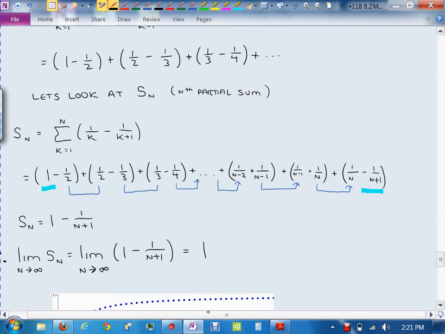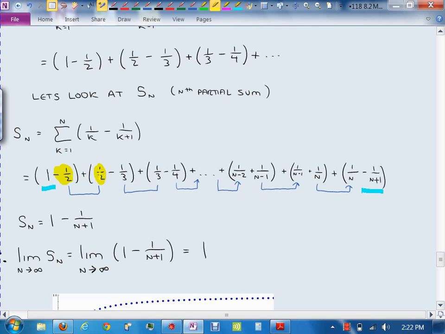You see everything canceling? Negative 1/2, positive 1/2. Negative 1/3, positive 1/3. Negative 1/4, positive 1/4. Basically, the second term here, the second guy in the parentheses is wiping out the first one of the next parentheses, right? And that pattern continues.